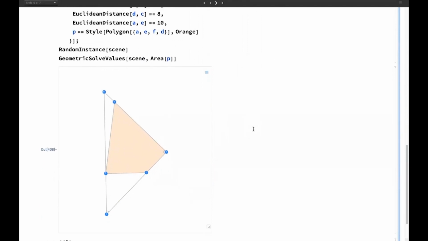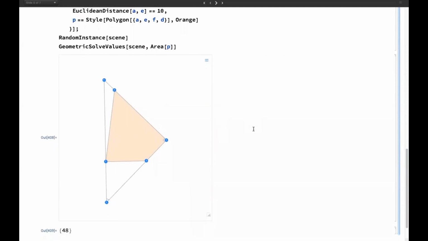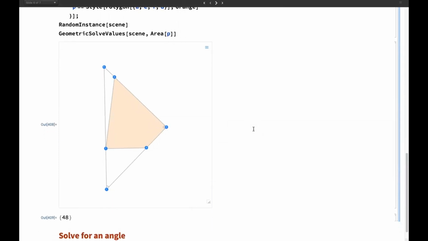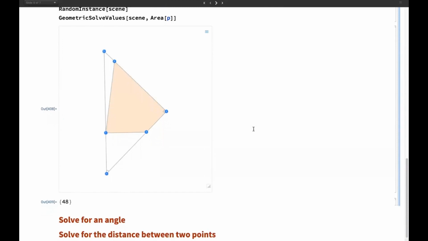But if you don't want to, you can see that the answer in general is 48 area units, or 48 length units squared, I suppose.